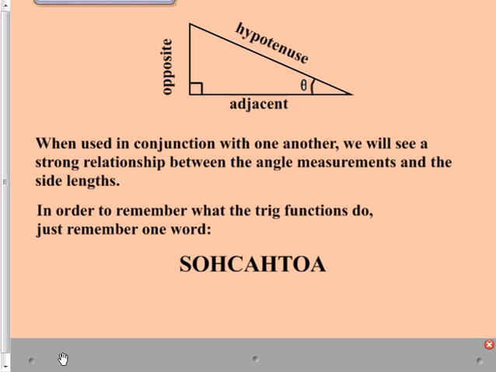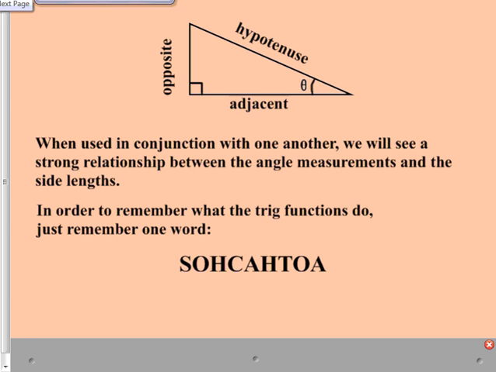If you misspell SOHCAHTOA, it's going to cause you all kinds of problems because this 9-letter word is an acronym, which means every letter means something. Every letter is the first letter of a word, and if you get these out of order, it's going to cause you to set up some math wrong. So SOHCAHTOA.